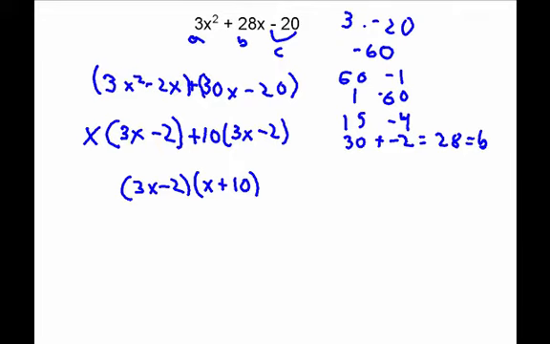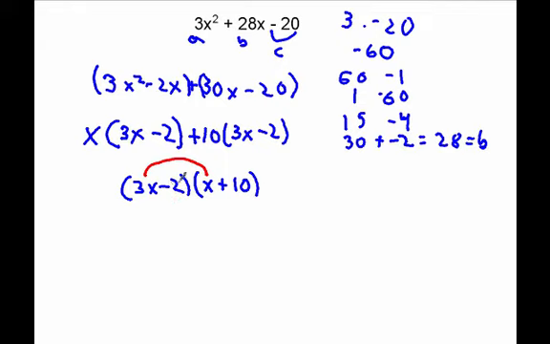Now, to kind of prove it to you that this works, I'm going to multiply these out. I'm going to work this backwards, and hopefully we should get this. So remember from our lesson on multiplying binomials, we multiply both our terms in the first binomial by both our terms in the second binomial.